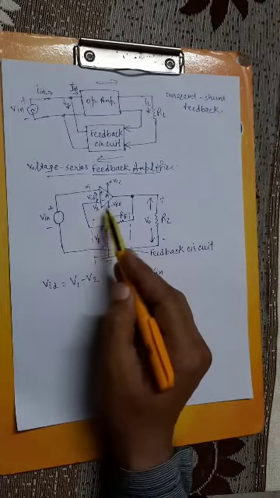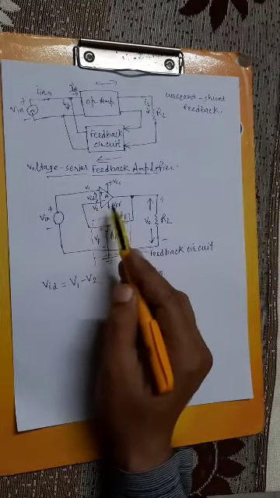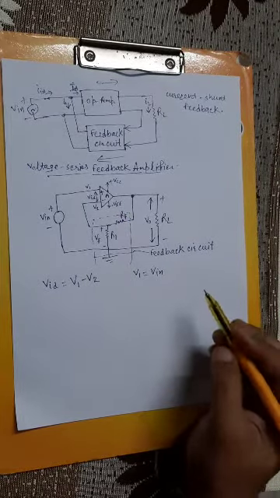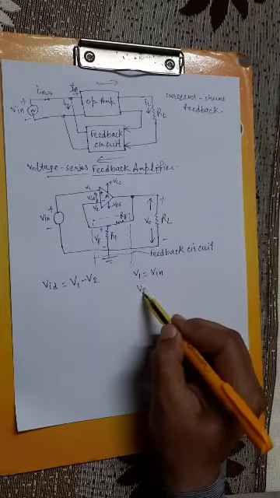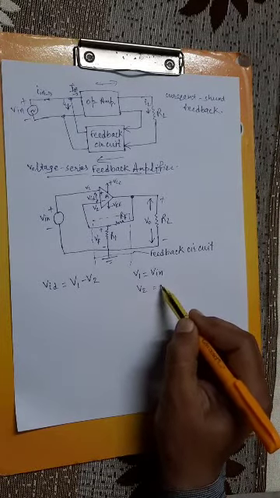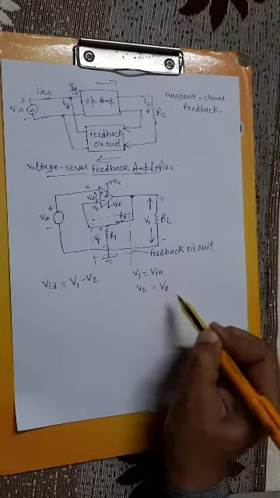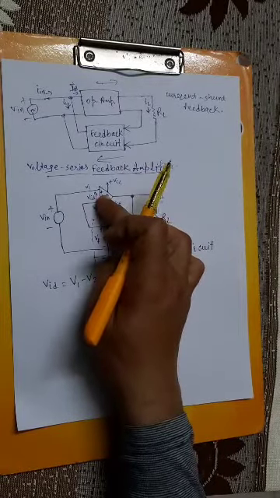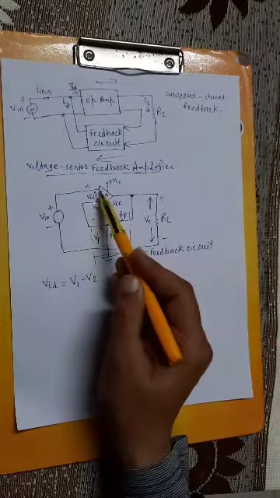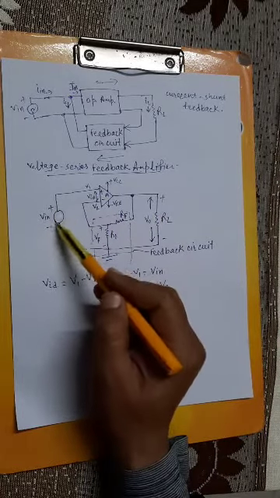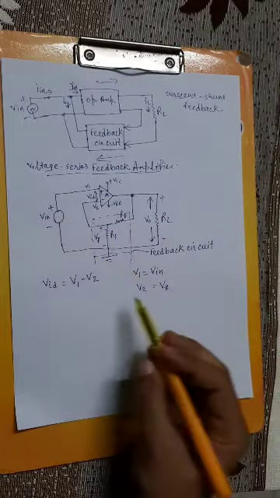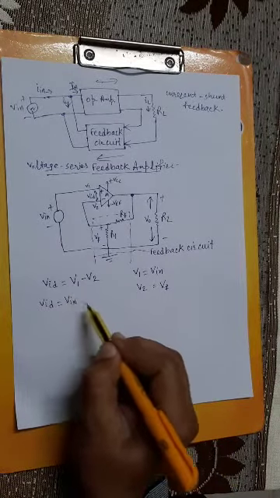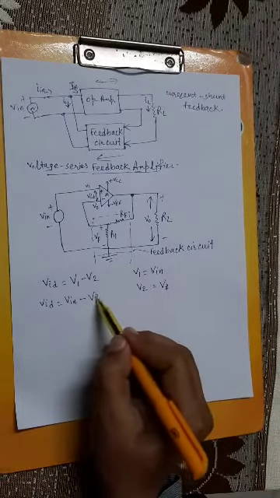And on V2, what is the voltage applied? On V2, the voltage applied is Vf, because this feedback voltage part is applied on this inverting terminal. Okay, and on the non-inverting terminal there is the voltage applied as V input, right? So we can write Vid is equal to V input minus Vf.